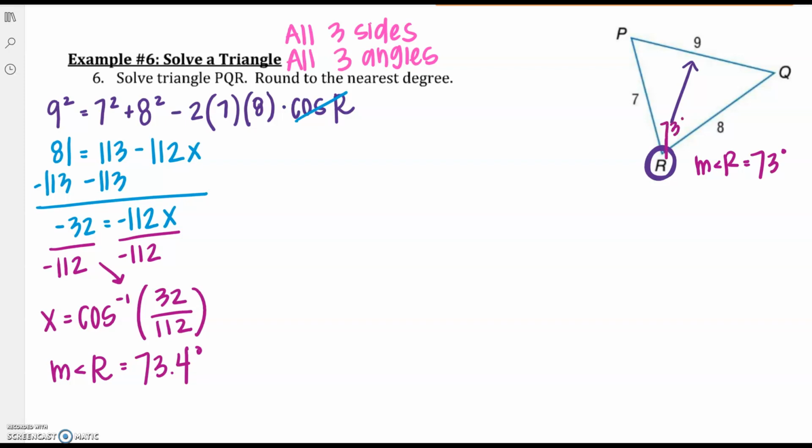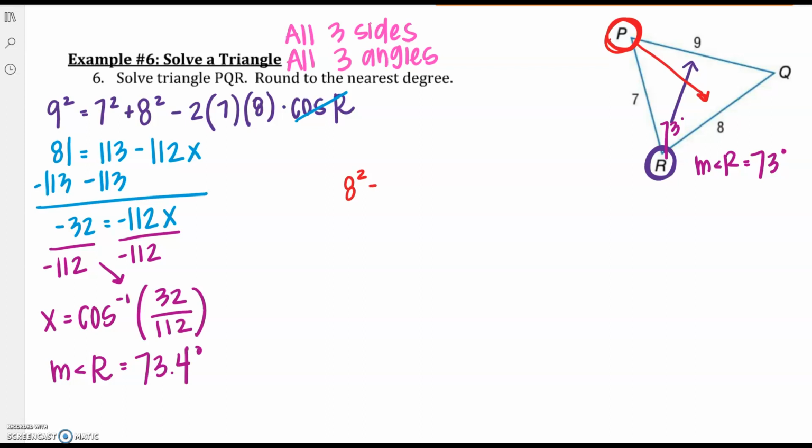So there's a few different ways you could do it. You could then go to the law of sine if you wanted to, or you can just continue with the law of cosine. And I'll just continue with that. I'll solve for the angle P. I'm going to set this up, and then you can finish solving it. I'm about to run out of time.